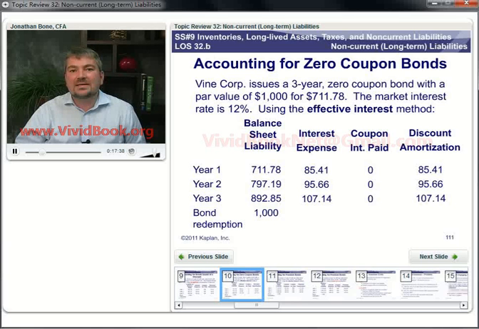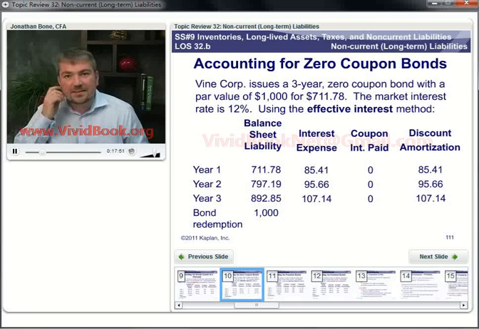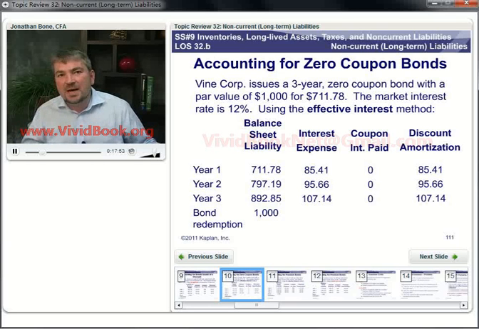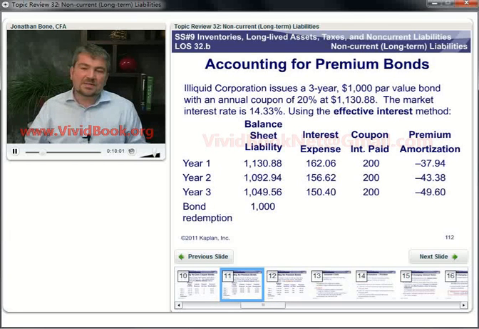So add that to your opening liability, and you get a closing liability at the end of year 3 of $1,000, all ready for that bond to be redeemed. Down goes the cash by 1,000, eliminate the liability of 1,000, and there's no impact on your income statement. So notice, as long as we hold bonds to maturity, we have no gain or loss hitting the income statement when the bond matures.